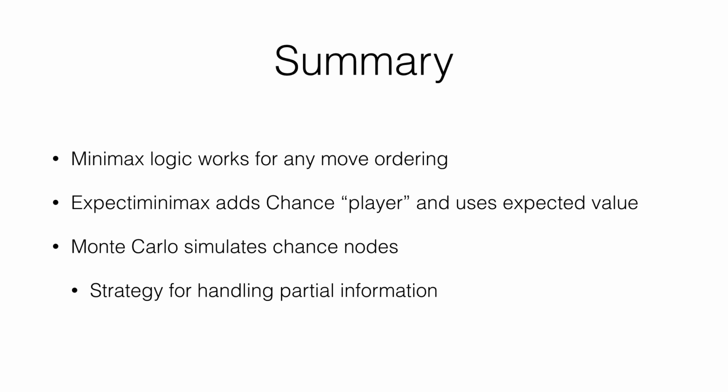And then we talked about Monte Carlo simulations, so randomly sampling to simulate the chance nodes and not have to worry about exactly evaluating every single possible state given the chance nodes. And this is also important because a lot of the chance nodes tend to have a much higher branching factor than the player moves.